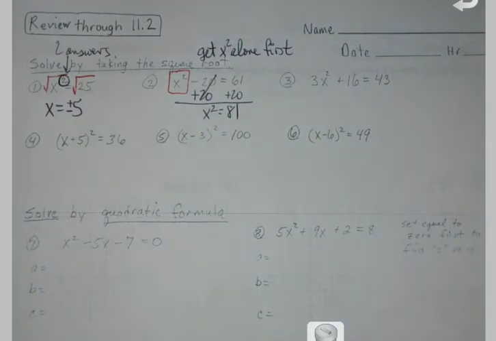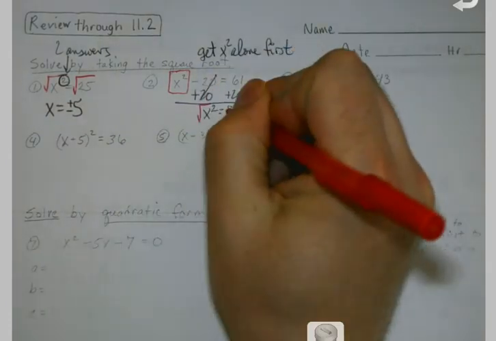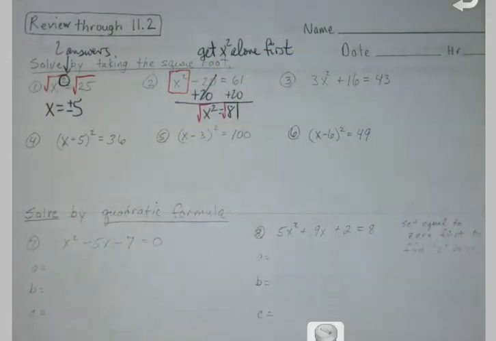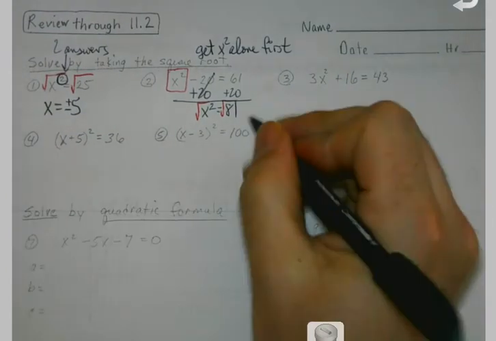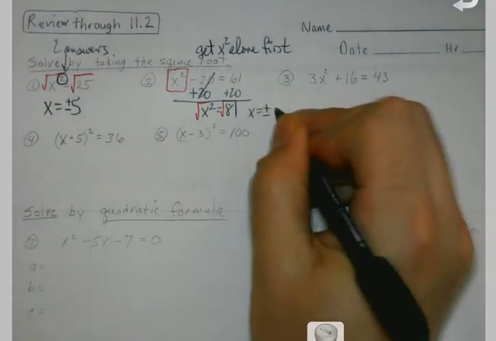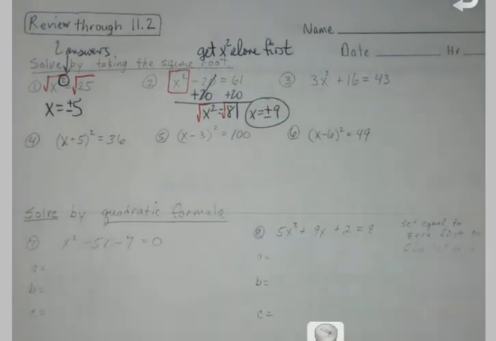So when I do that, now it looks a lot like number 1 did. I look at that and I go, oh, well, that wasn't a big deal. The only thing, again, I've got to remember is when I get my square root, that I've got to have the plus or minus, or I only have half the solution there.